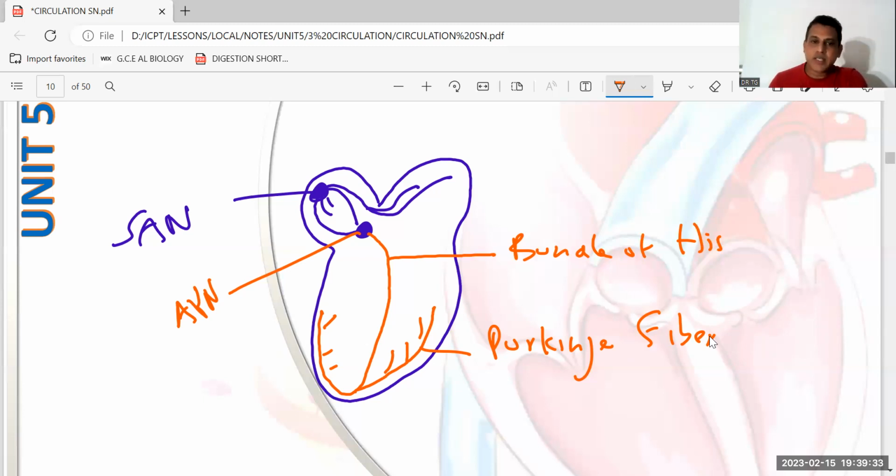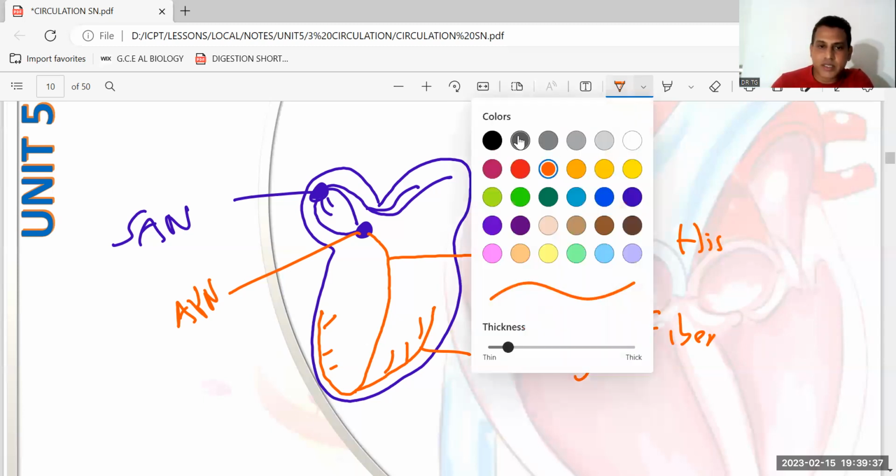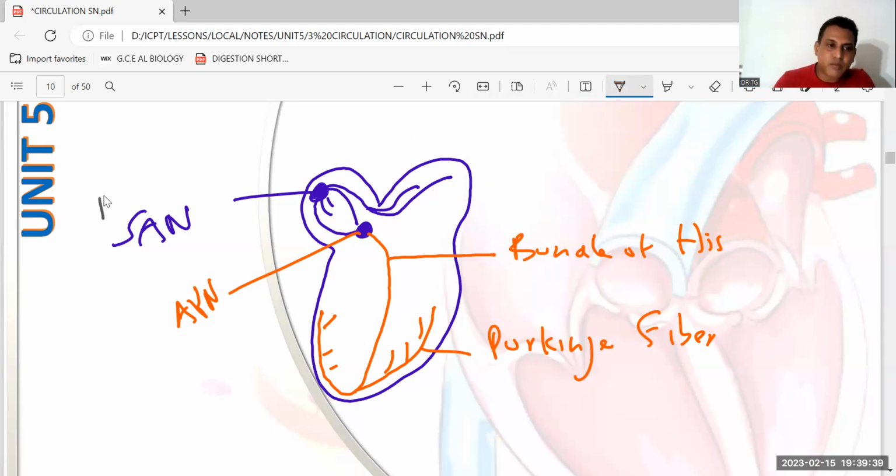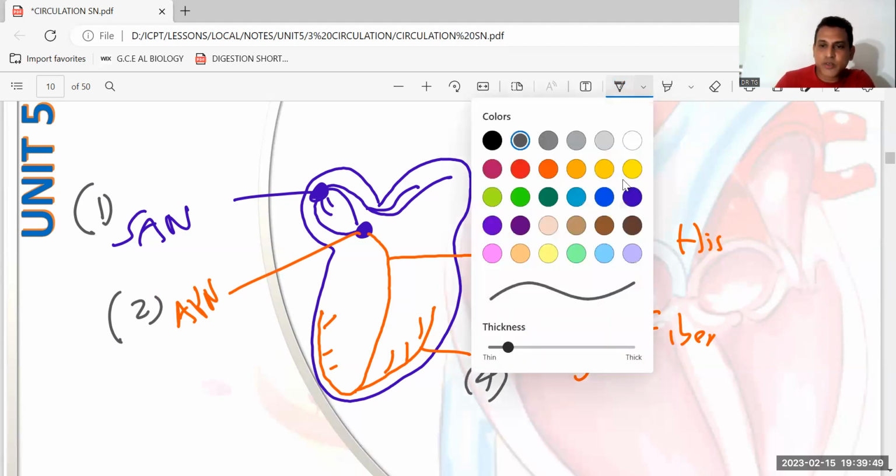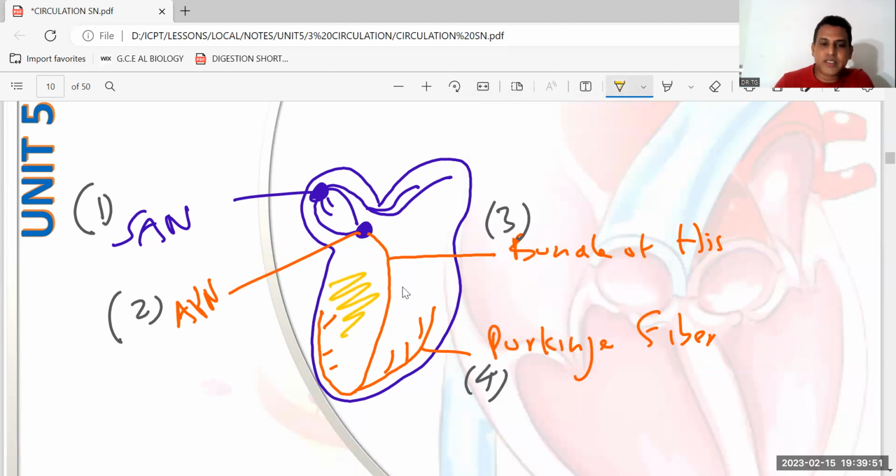So now we can understand the heart has this conducting system starting from the SA node, then goes to the AV node, then goes to the bundle of His, then goes to the Purkinje fibers. From the Purkinje fibers, it can spread to the ventricles. So the ventricles get the signal after that.